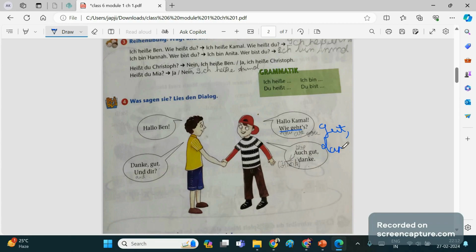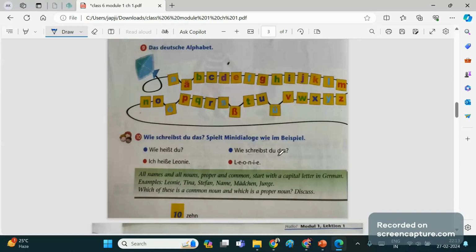In the upcoming chapters, you will learn a better way to answer it. But you will never answer with "Ich bin gut." That is completely wrong. "Danke, gut." You can also say "Gut, danke", that is also correct. "Und dir?" And you? Now you will not use "du" over here, nope. See, it is actually requiring a dative case. Just remember for now that you will use "dir."